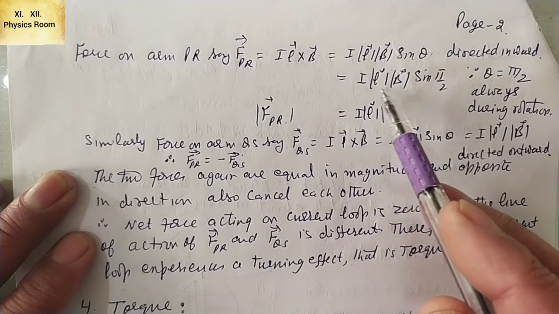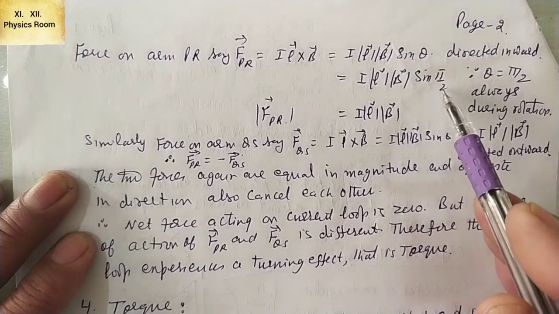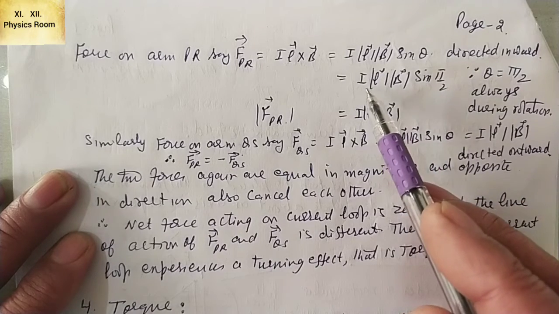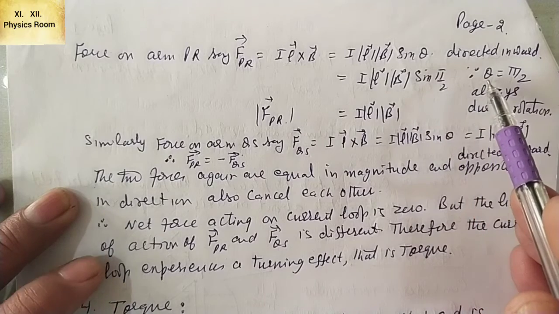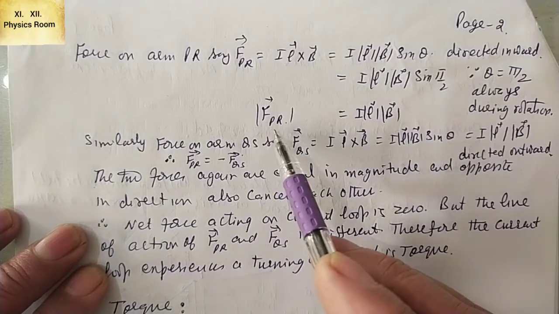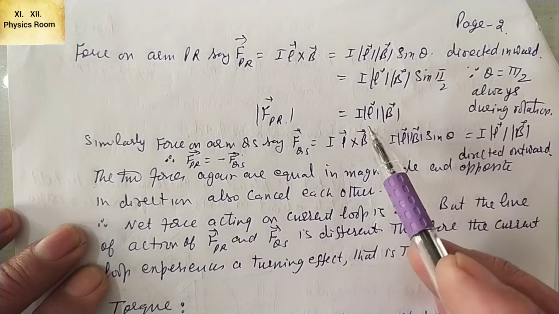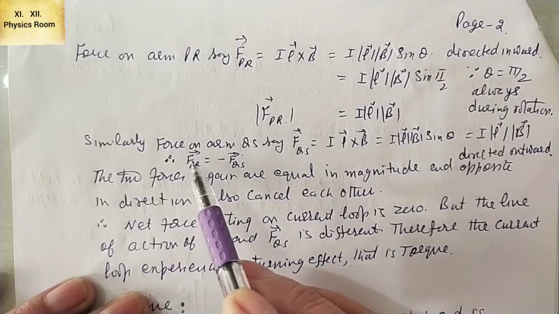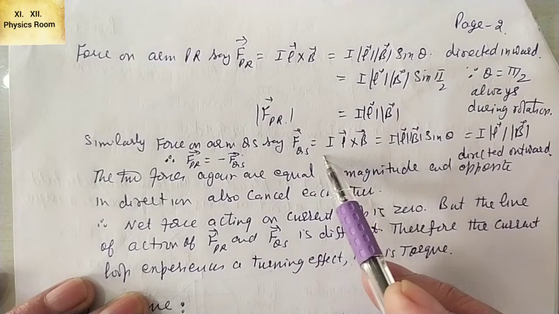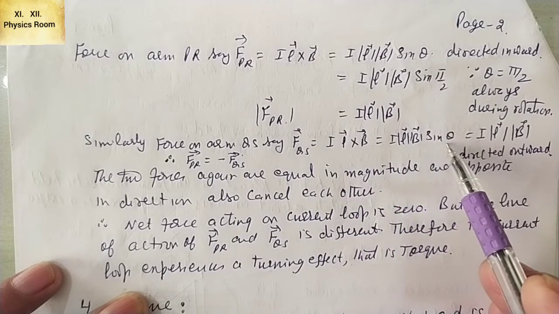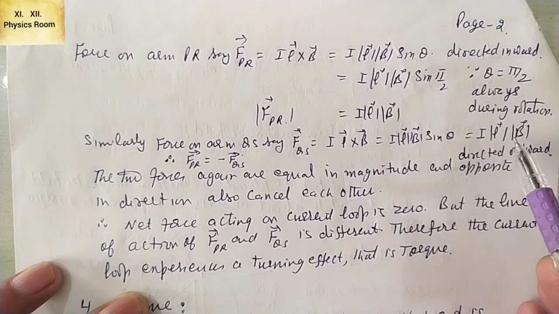It is equal to ILB sine pi by 2, because angle between L and B is pi by 2, and theta is pi by 2 always during rotation of the coil. Therefore FPR is equal to ILB. Similarly, force on arm QS, say FQS, will also be equal to I L cross B, equal to ILB.